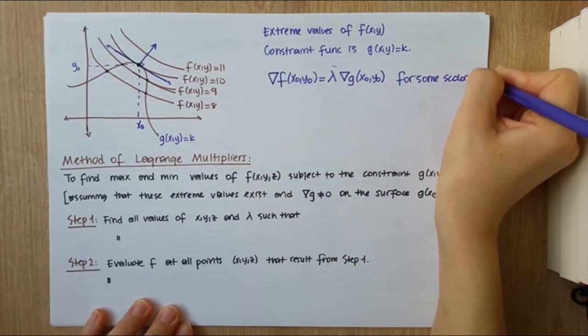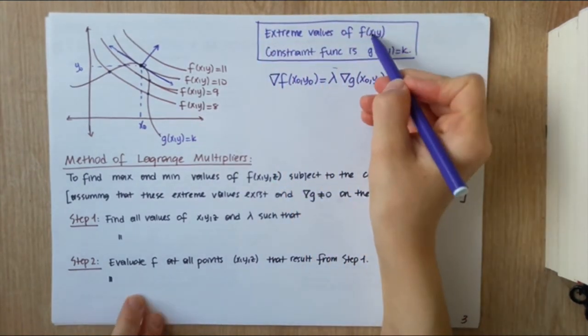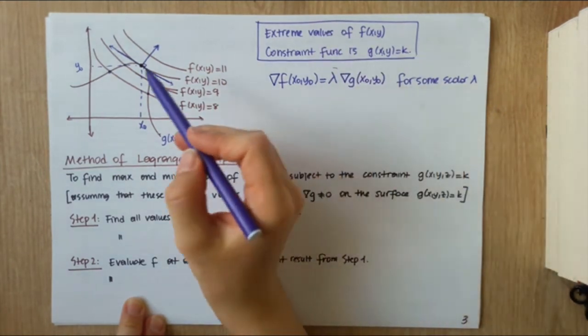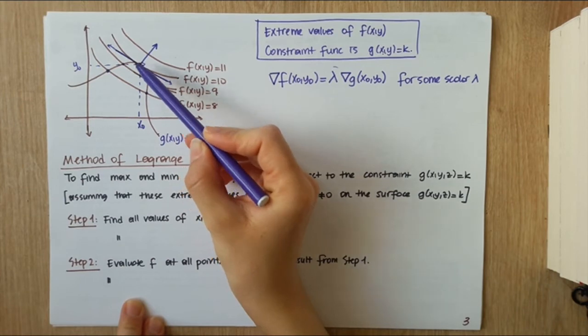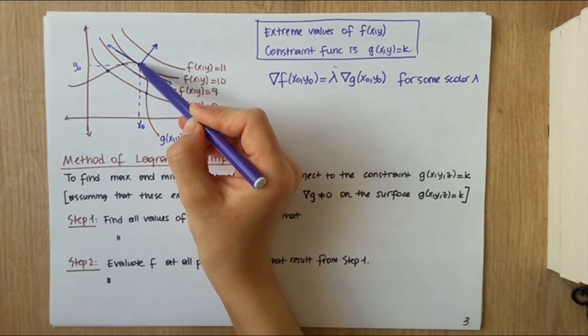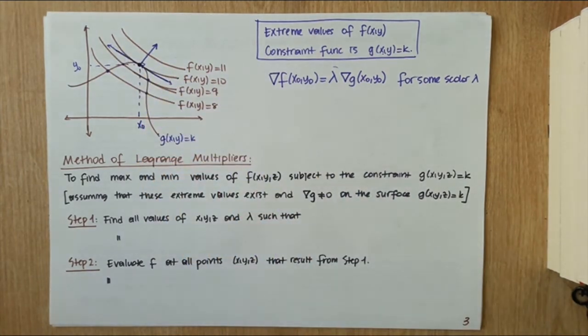scalar lambda, so we have a function to be optimized and we have a constraint function, and we decide that this maximum point or the minimum point, the extreme value, occurs when this function and this function touch each other at just one point, which means they have a common tangent line. If they have a common tangent line, they have identical normal lines at the point where they touch.